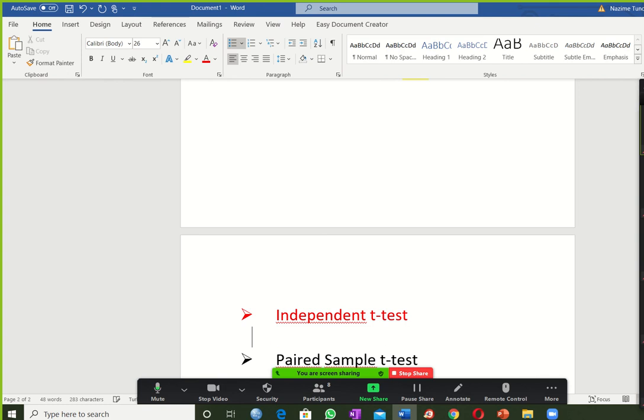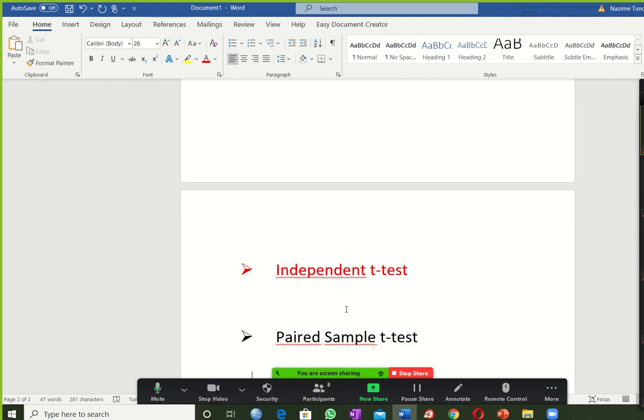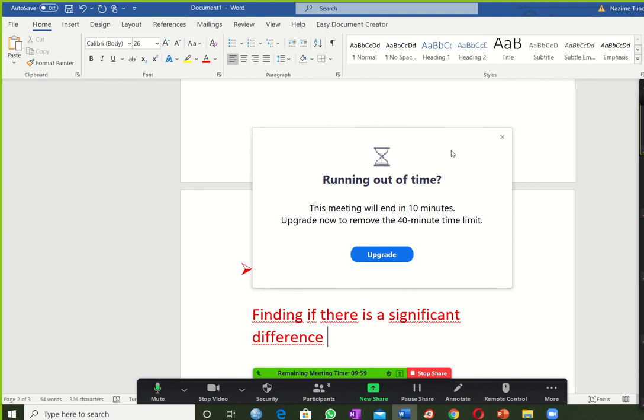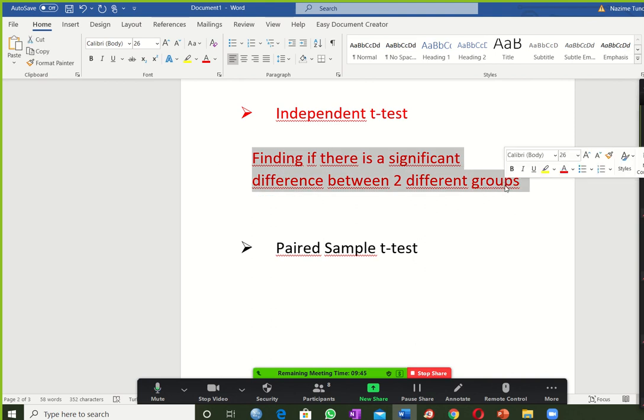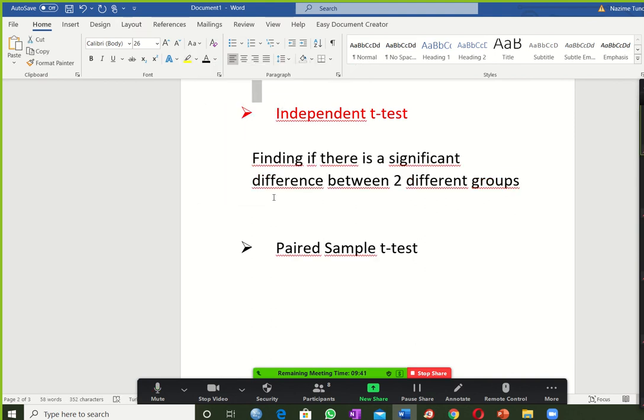Also, the independent t-test is finding if there is a significant difference between two independent groups. And the paired sample t-test is finding if there is a significant difference between repeated measurements.